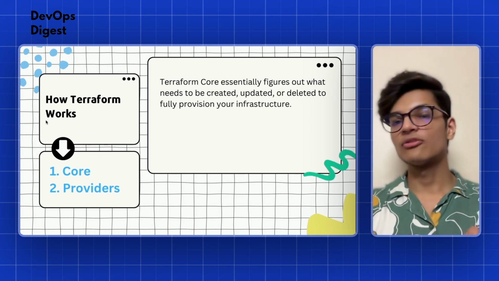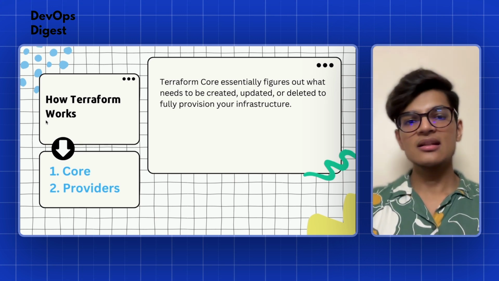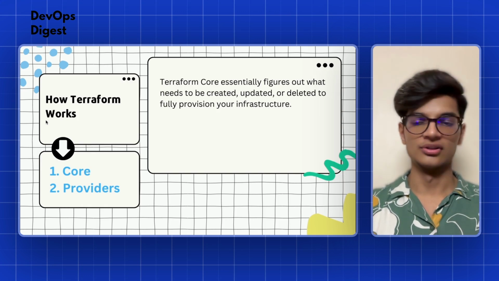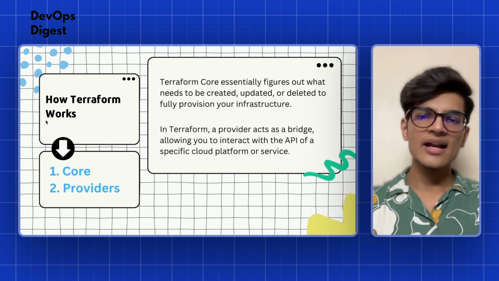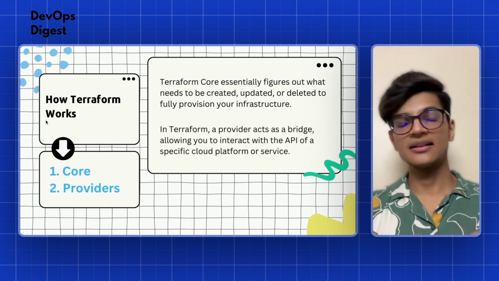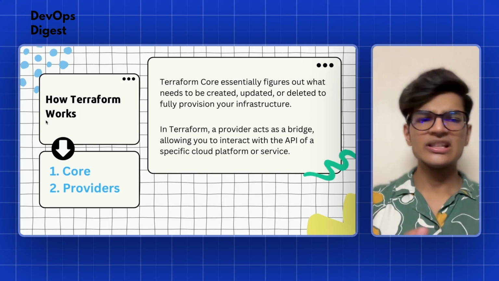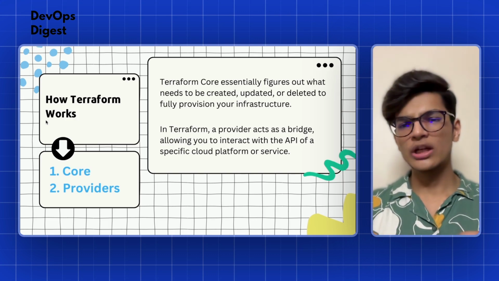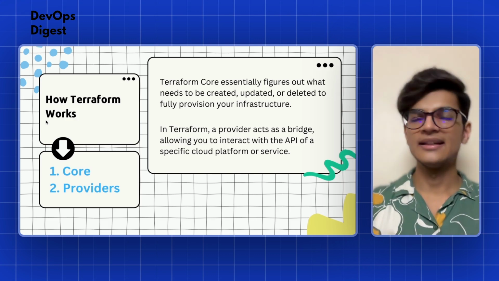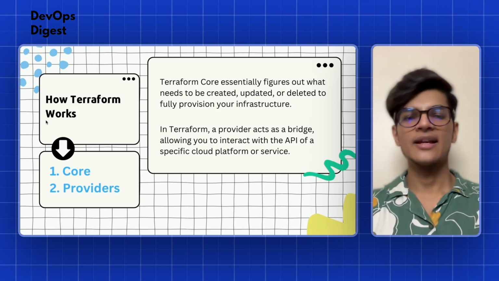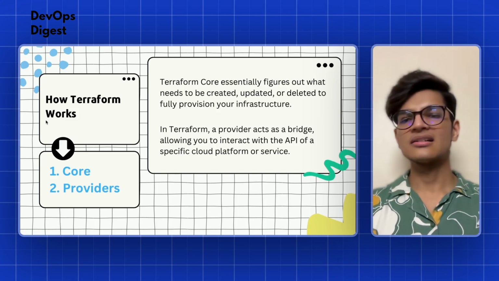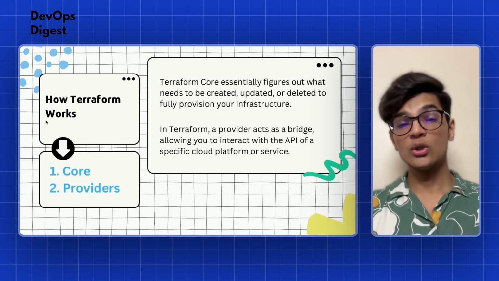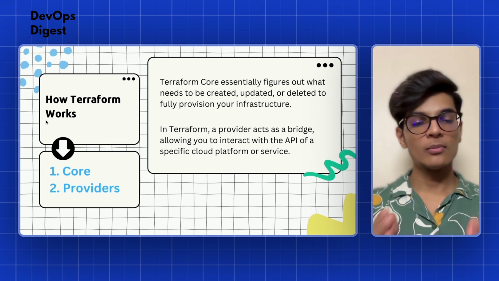It manages the Terraform state, which acts as a record of your infrastructure resources. And providers are like plugins that connect Terraform to specific platforms or infrastructure services like AWS, Azure, and GCP. They translate your configuration code into actions that the platform understands.